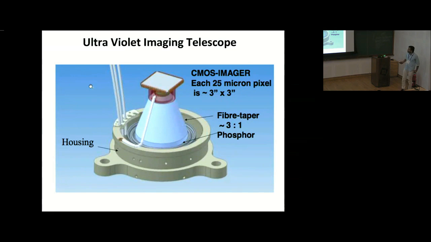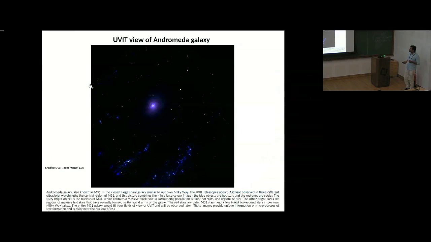It detects the UV photons on this side, which get converted to photoelectrons through a set of photocathodes and multi-channel plates. In the end, in the CMOS, we can detect the events, which give the X and Y coordinates of the UV source in the sky plane.